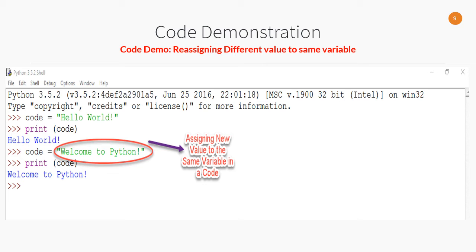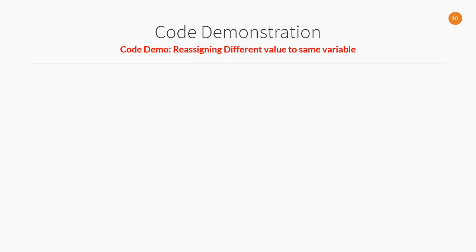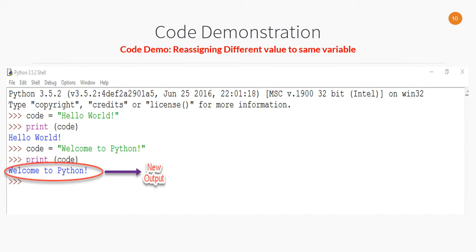The statement is welcome to Python. This is the new value that we want to assign. Now when we ask the interpreter to return the value of the variable code which stores the new value, we get the output welcome to Python. This tells us that Python keeps on updating the latest value of the variable. And the new output that we get is welcome to Python.